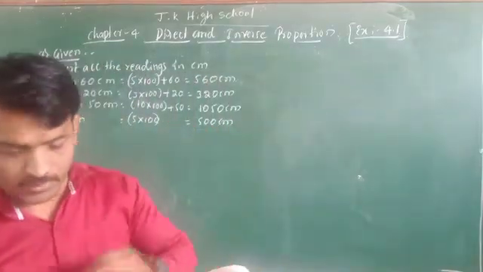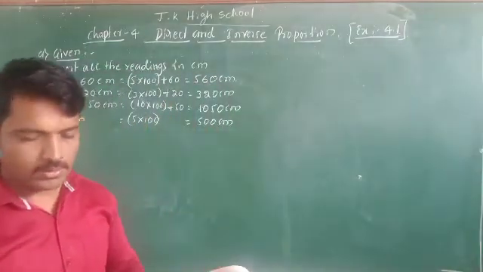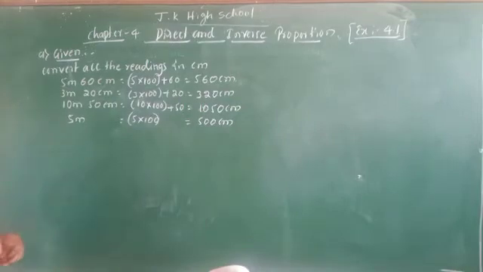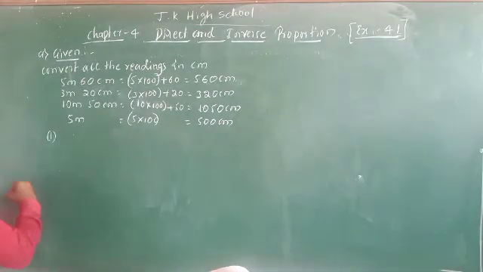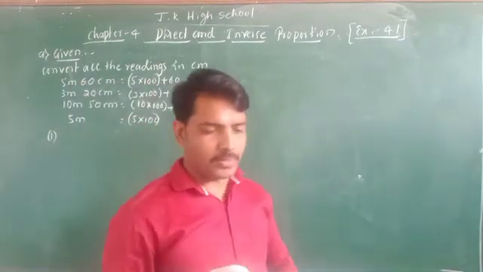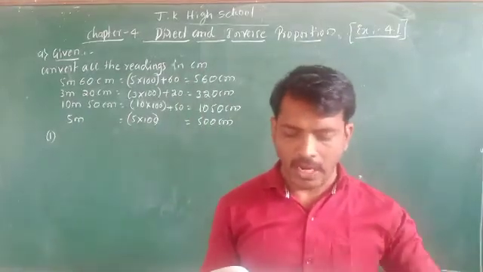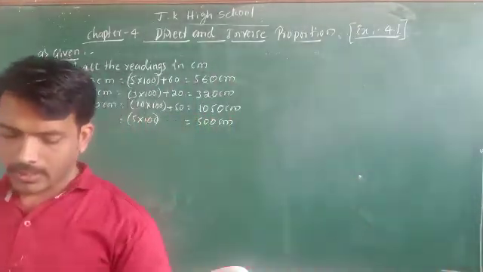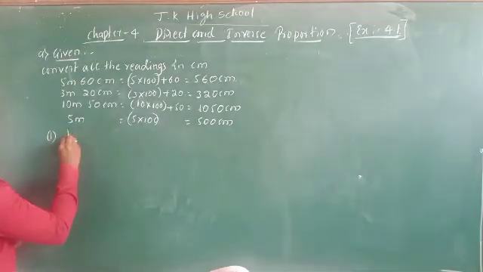Next, let's solve the first one, question number 1. We have to take both the readings. First one, height of the pole, and next reading is length of the shadow.